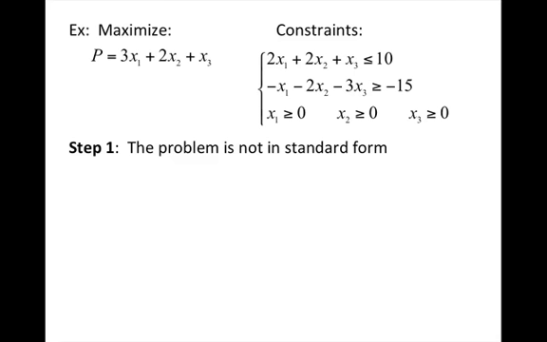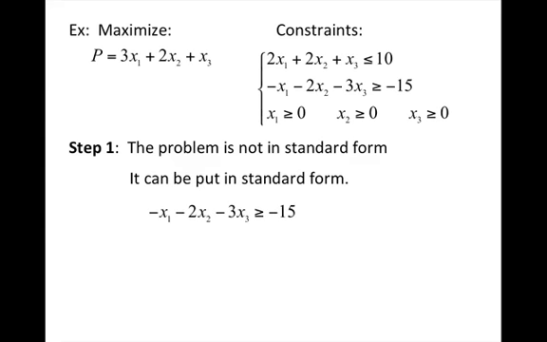In the second constraint, since I have greater than or equal to a negative number, I am going to be able to put this in standard form. If I take that second constraint, I can reverse the inequality sign and change the sign of the 15 if I multiply each side by negative 1. Multiplying by negative 1 is going to change that greater than or equal to a less than or equal to.